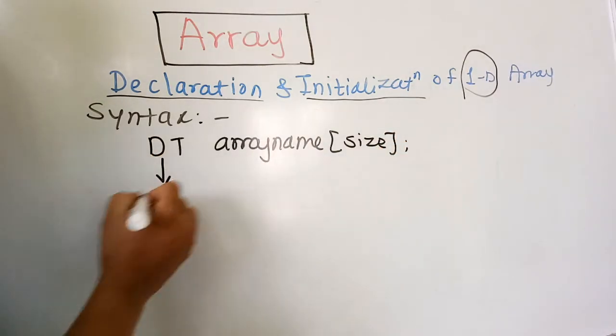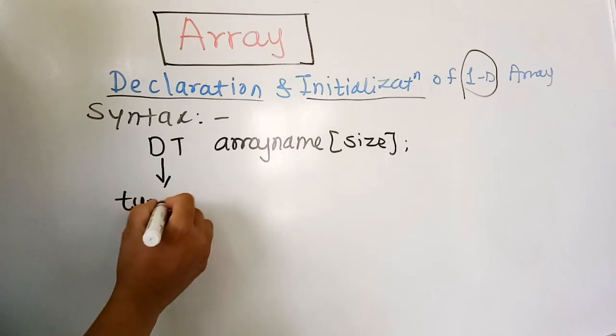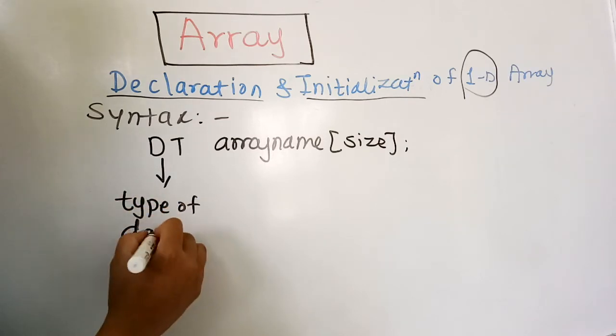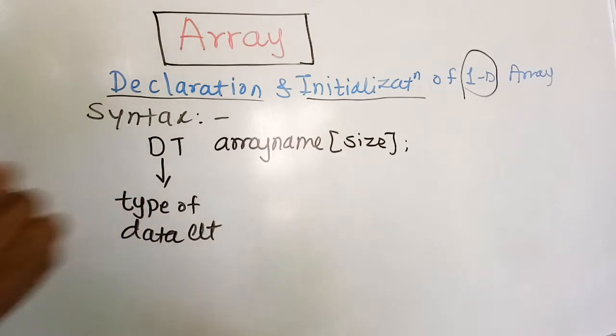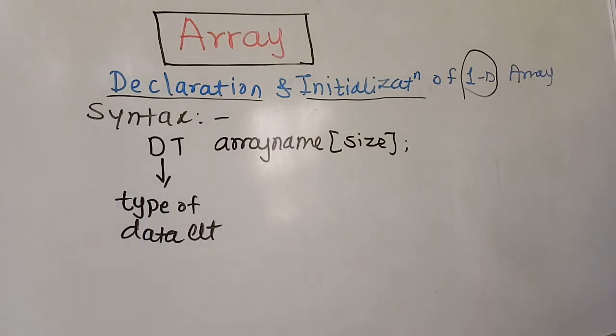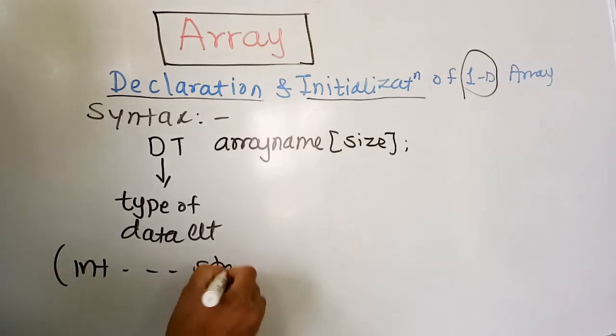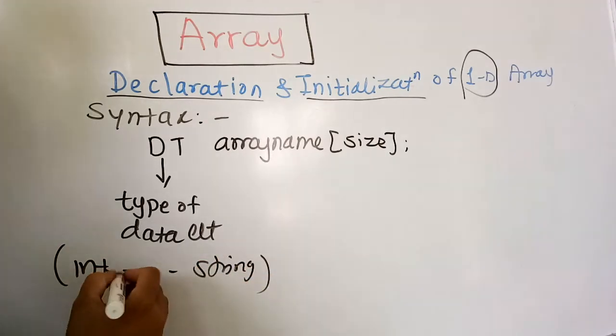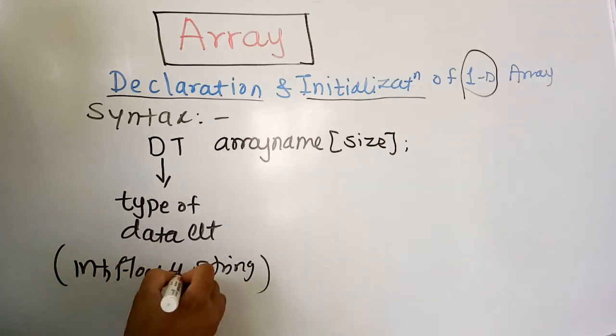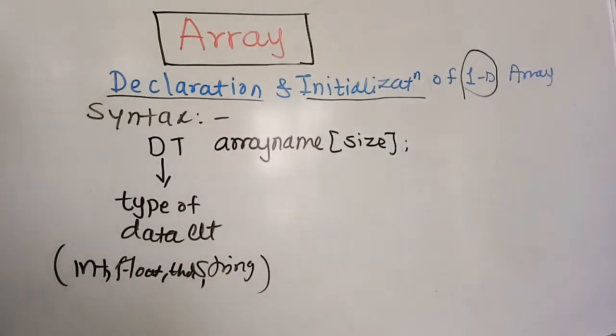What is the data type? Actually, the type of data element. It can be from integer till string, meaning it can be integer, float, character and so on.